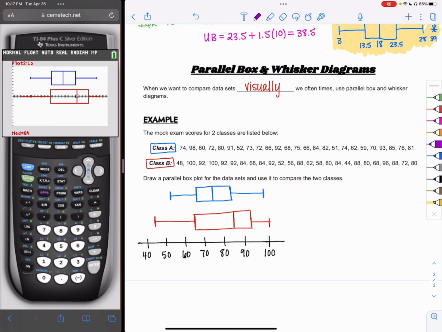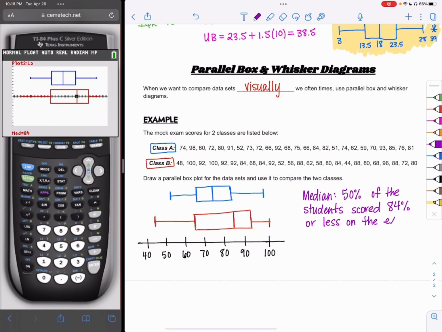Based off the median, which is our measure of center, 50% of the students in class B scored 84% or less on the exam, versus only 74% for the median of class A. That is how we can compare based on the median.